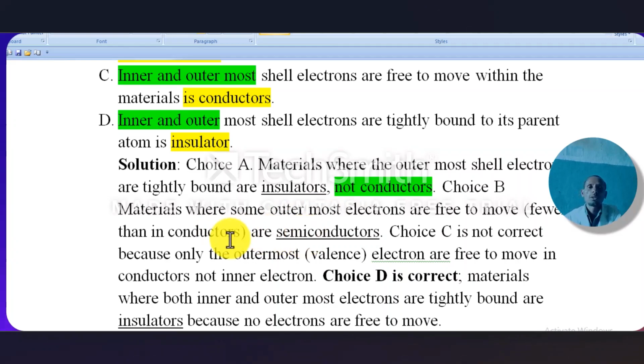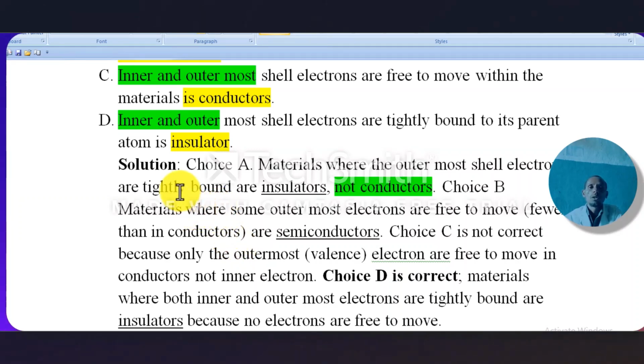Choice C is not correct because only the outer or valence electrons are free to move in conductors, not the inner electrons. Choice D says that materials where both inner and outermost electrons are tightly bound are insulators, because no electrons are free to move.